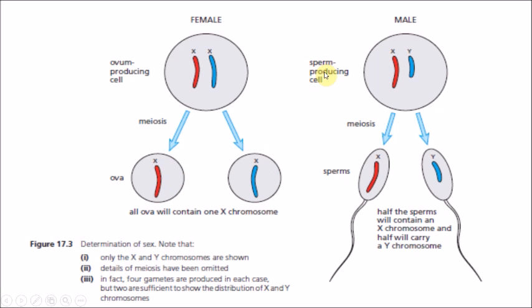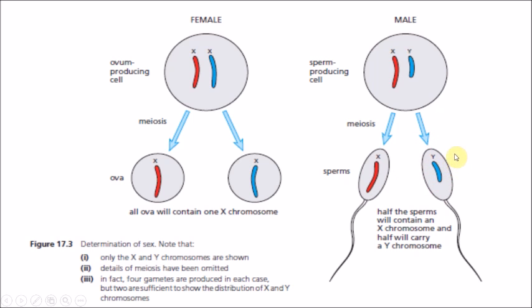With the sperm producing cells, the cells in the testes that produce sperm, they will have a diploid chromosome amount, so they'll have X and Y. Y is shorter, it's not as long as the X, which is very important, and we'll come on to that later in the topic. But when they create haploid cells, the sperm cells here, an X will go into one and a Y will go into the other.